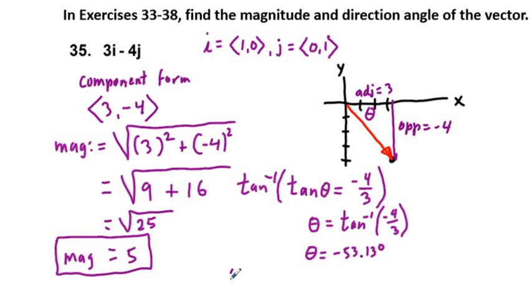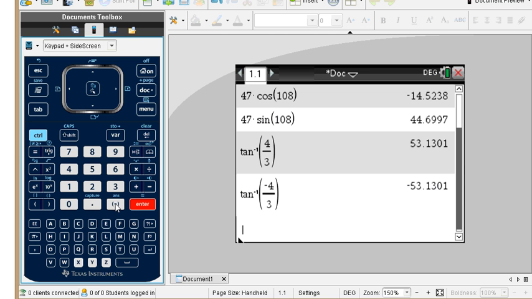we could say theta is equal to negative 53.13 degrees plus 360 degrees. And to do that on a calculator, I think we can do it without a calculator, negative 53.13 plus 360 degrees.